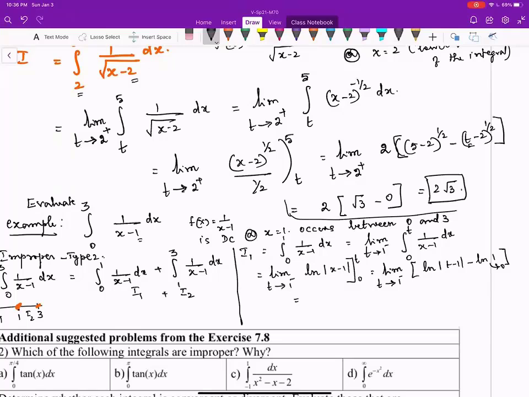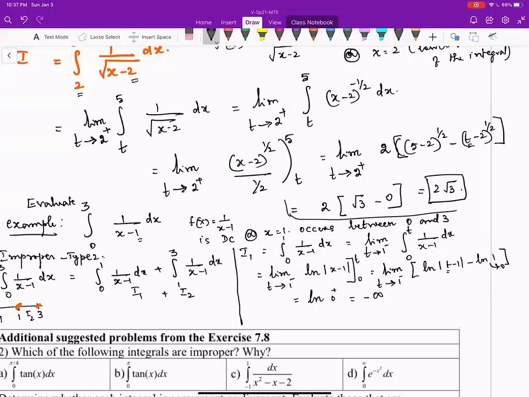So this will be ln of 0 plus, which will be equal to negative infinity. Ln of absolute t minus 1, and t is approaching 1 from the left, so it's slightly smaller than 1.